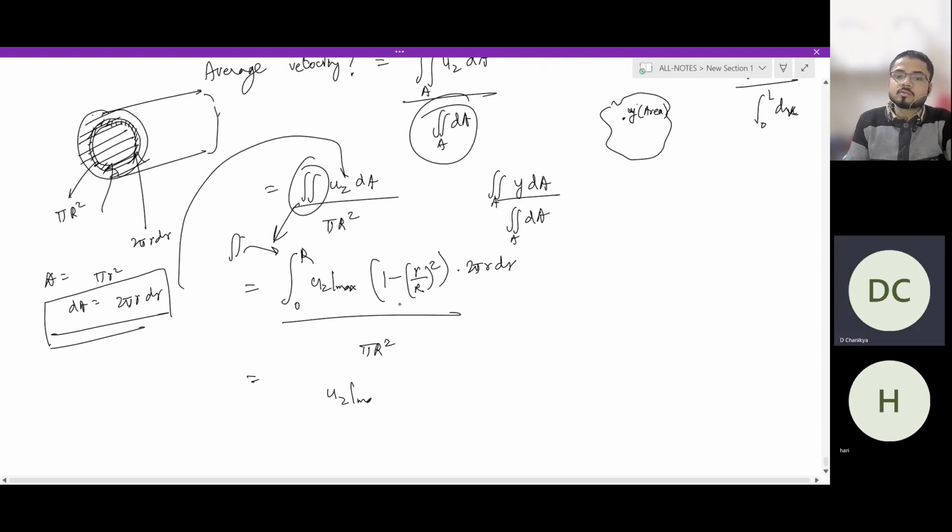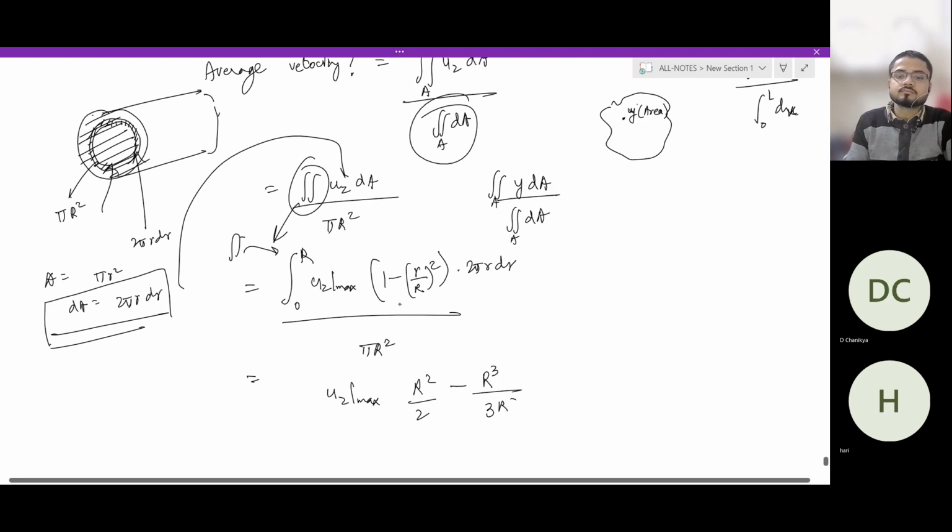Okay. So this becomes uz max times r squared by 2 minus r cubed by 3. Yeah, r squared, and you have 2 outside and divided by r square.